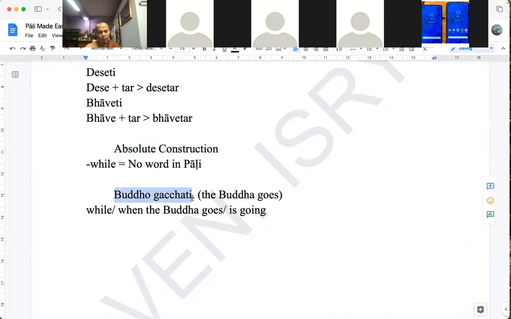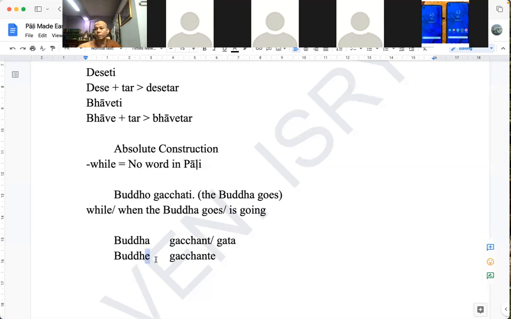From the sentence Buddho gacchati, Buddho is a noun form and gacchati is a verb form; we cannot decline it. So that one can be replaced by the participle form: gacchanta, or maybe the past participle gata. Then Buddho with the locative case, Buddhe, and gacchanta with the locative, gacchante. Here you see the locative case singular, and here also gacchante, locative case singular.